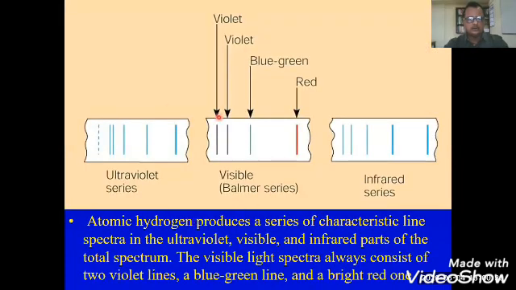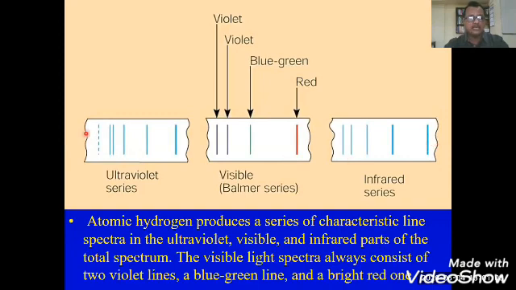So here, this is a line spectrum for hydrogen gas. If you take hydrogen gas in a discharge tube and apply a very high potential difference, then it will start emitting light. And if this light is studied by dispersing it through a prism, you will find that it contains certain frequencies. Some frequencies will be in the ultraviolet, some in the visible, and some in the infrared.